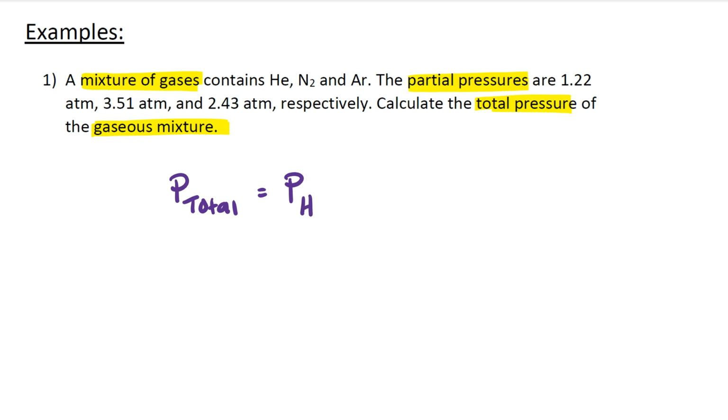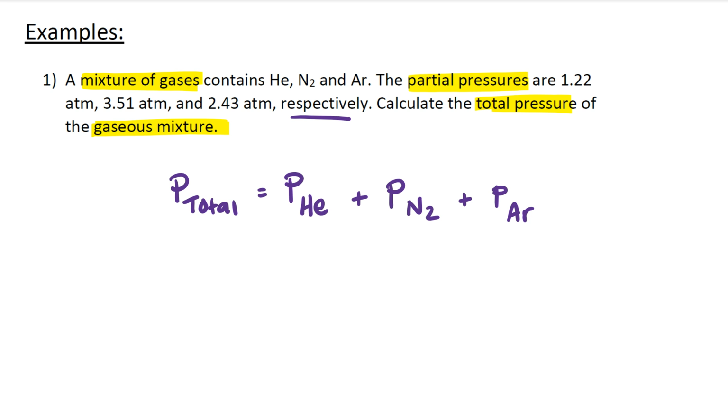One of the gases is helium, plus the partial pressure of gas number 2, that will be nitrogen, plus the partial pressure of gas number 3, and that's going to be your argon. I'm solving for total pressure, and now I need to substitute in the partial pressures of each one of these 3 gases. And they've told me this right here: 1.22 atm, 3.51 atm, and 2.43 atm respectively.